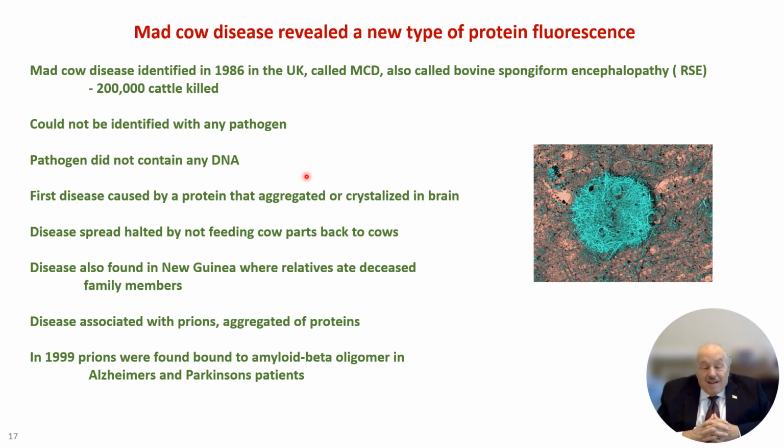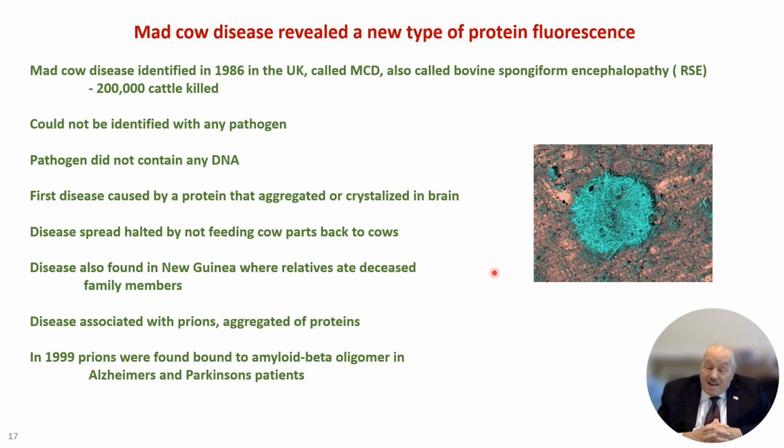So after many experiments, they had this fibril that was growing typically in brains, but it didn't have any DNA in it. And so the first hypothesis was that it was caused by some aggregated protein that could somehow contaminate other people.